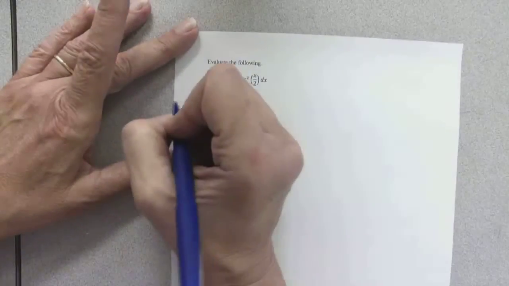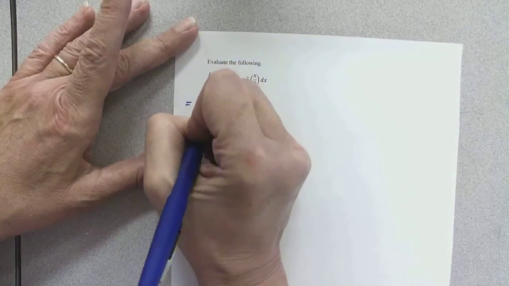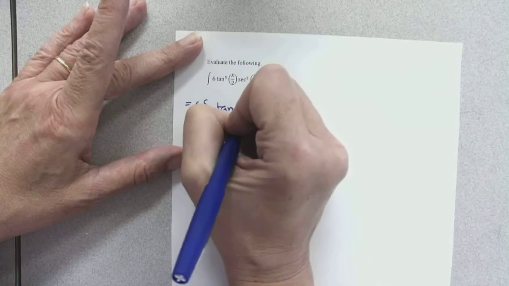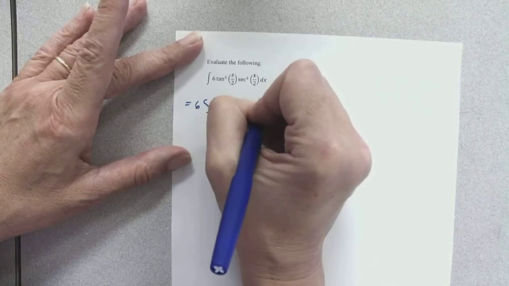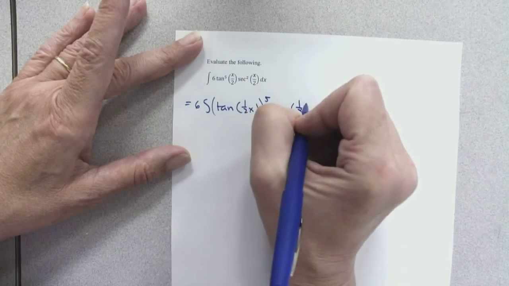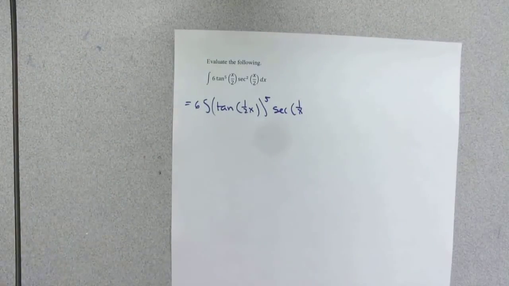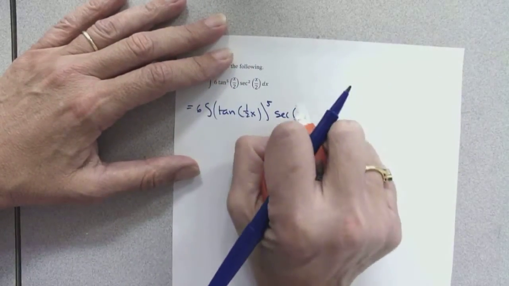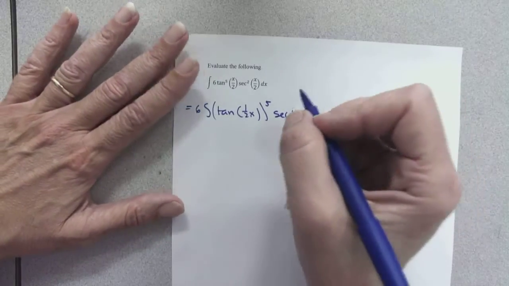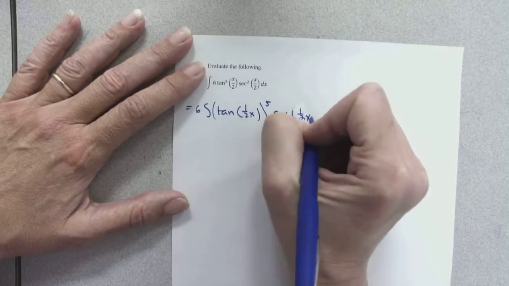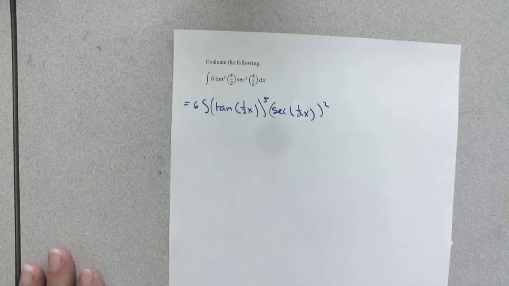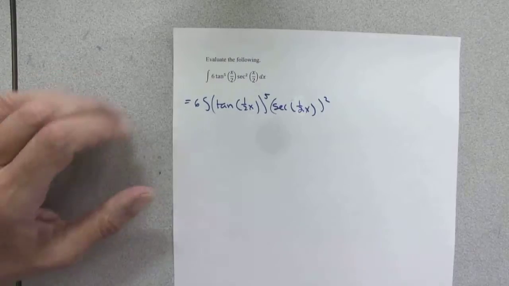Okay, so let's rewrite this a little bit. That's 6 out in front. It's just a coefficient, so I can take that out in front. And so that's tangent of 1/2 x to the 5th and secant squared 1/2 x dx.